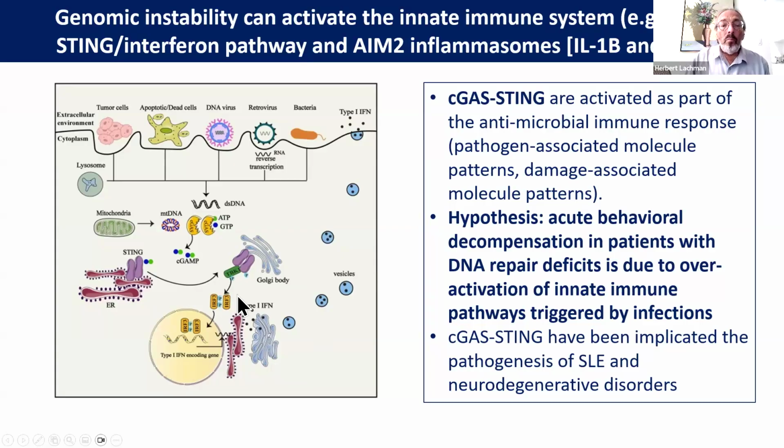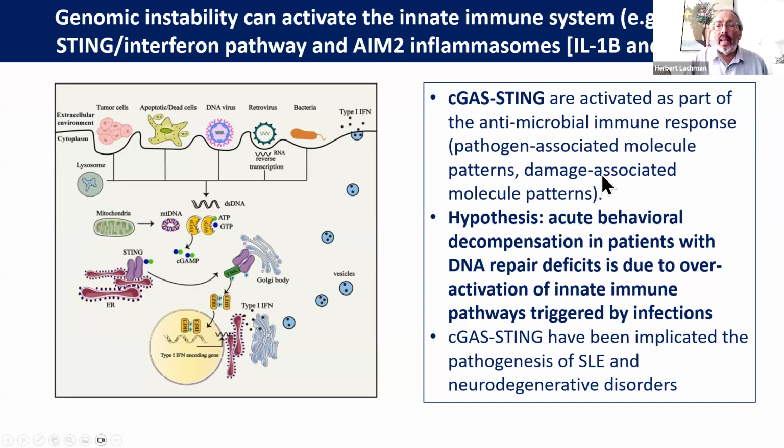In any event, we believe that the combination of an infection activating this pathway plus an underlying DNA repair problem is leading to overactivation of cGAS-STING, leading to problems in the cell, leading to an autoimmune or autoinflammatory process.